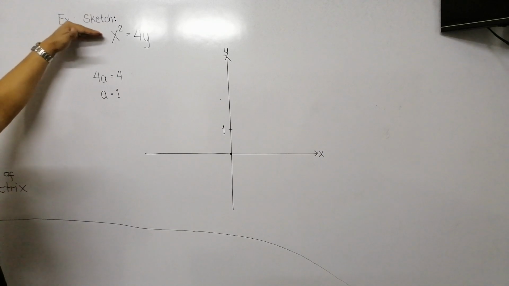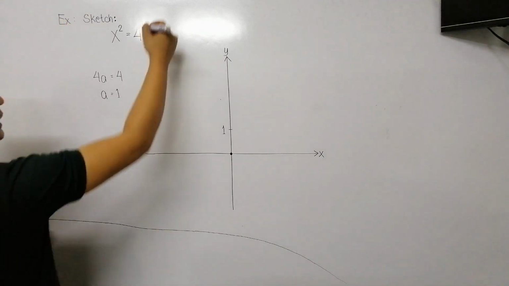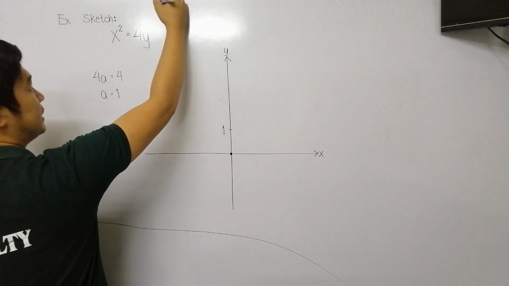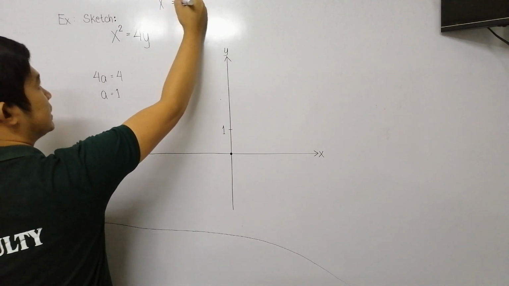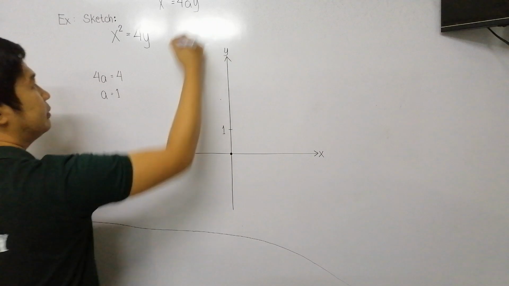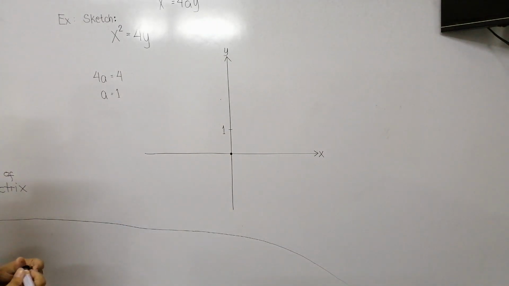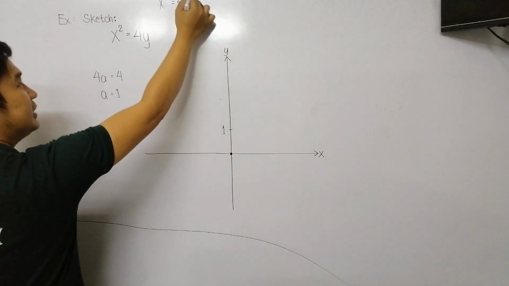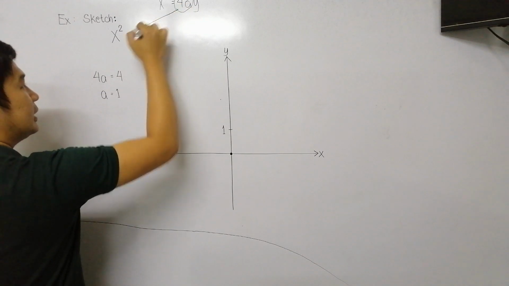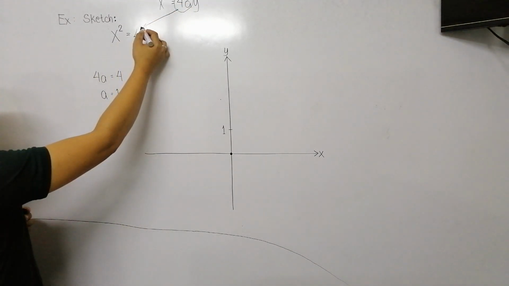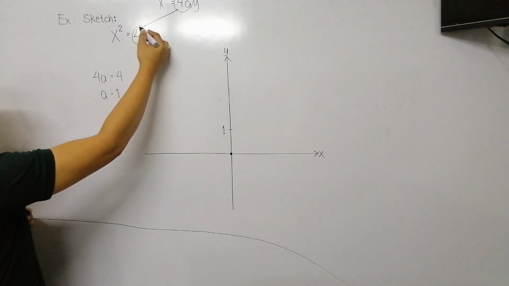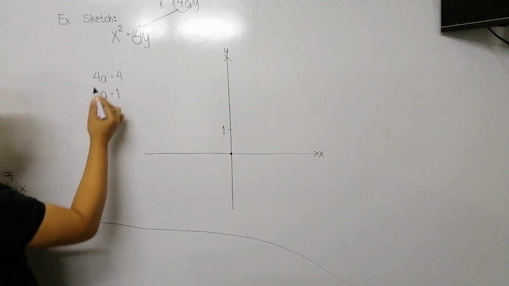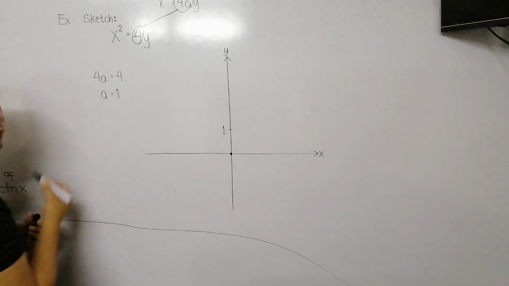So given this standard equation x squared equals 4y, this satisfies the standard equation x squared equals 4ay. So that means, based on our equation, this 4y is exactly the value of 4, which is the coefficient of y. So 4a is equal to 4.